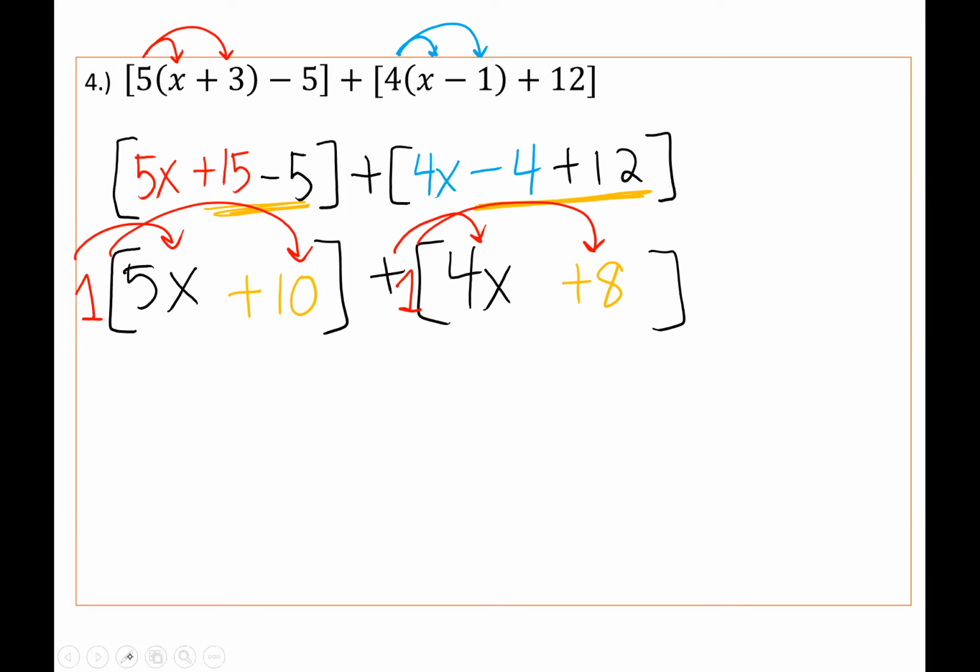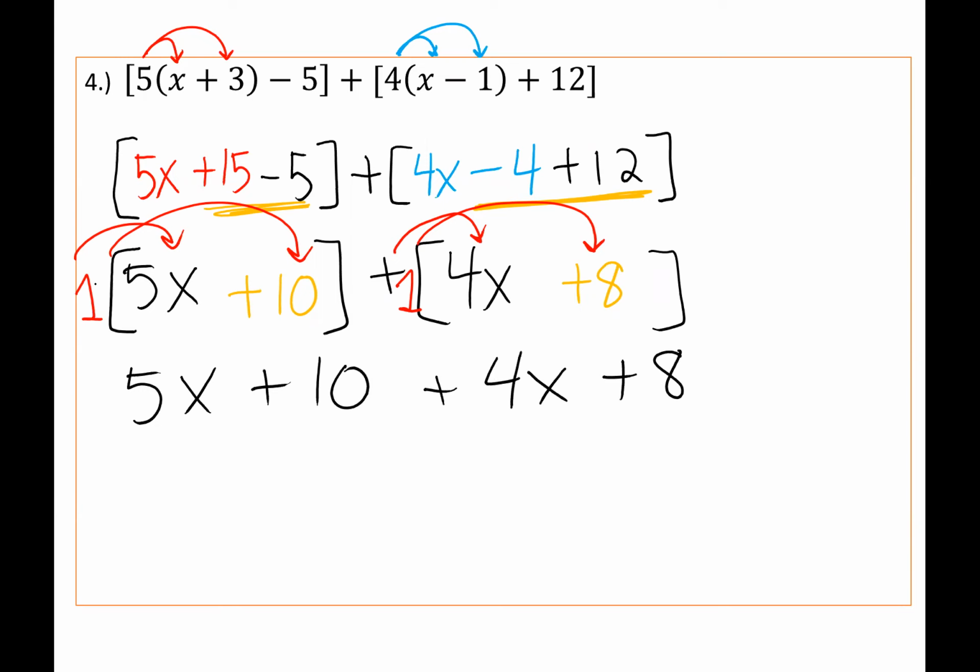Basically, you can just copy everything else down without the square brackets. So one more time, 5x plus 10 plus 4x plus 8. Because when I distribute a 1, everything just stays exactly the same. 1 times 5x is 5x, 1 times 10 is 10, 1 times 4x is 4x, 1 times 8 is 8.